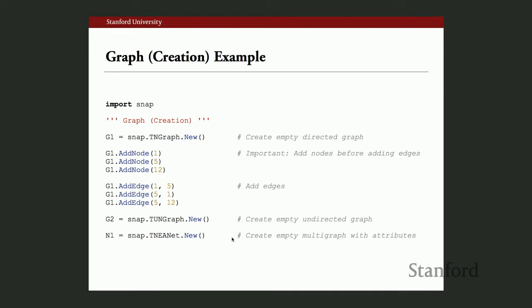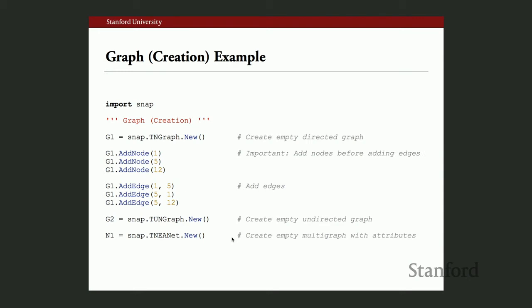There are a few important points about that. First, nodes have to be added before you add edges. So if in this graph I tried to add an edge between 5 and 14, there is no node 14, so it would throw an exception because node 14 is not in the graph. Similarly, node IDs have to be positive integers in Snap.